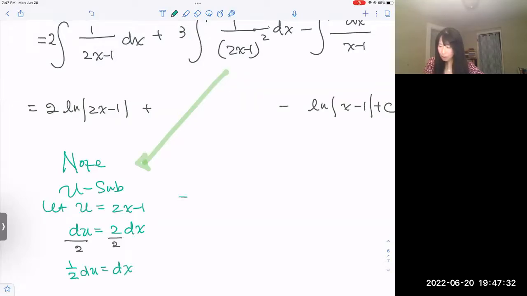Look, then we have 3 there, 1/2 there, and integrate dx will be du over, okay, since we're gonna use power, so let us write down u to the -2, right? Okay, power, what do you get?